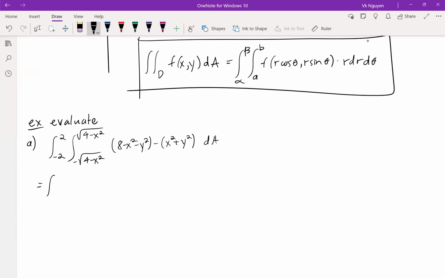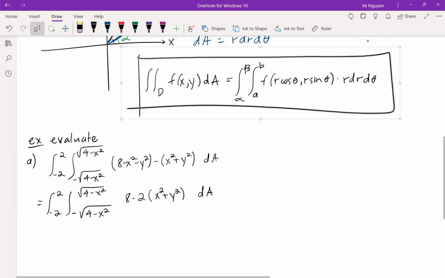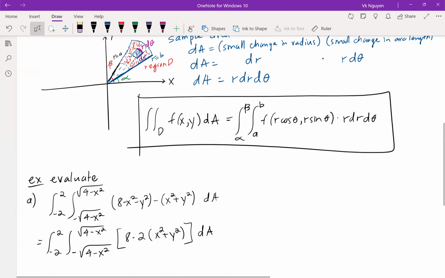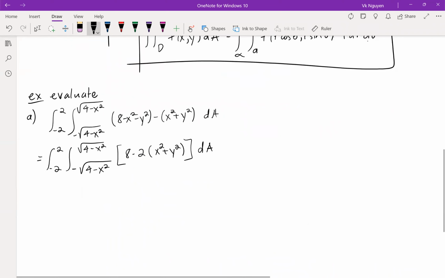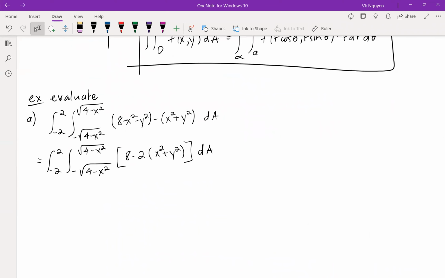I'm going to simplify this a little bit: it becomes 8 minus 2 times (x squared plus y squared) dA. The reason I want to keep the x squared plus y squared is because of the substitution: x squared plus y squared is r squared. We want that. Now we're going to sketch out the region D and convert to polar coordinates.